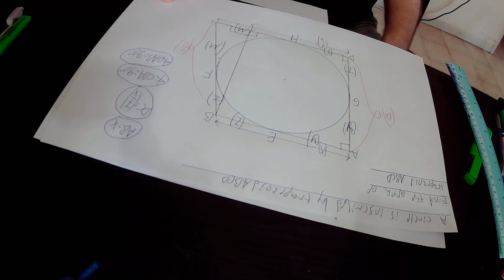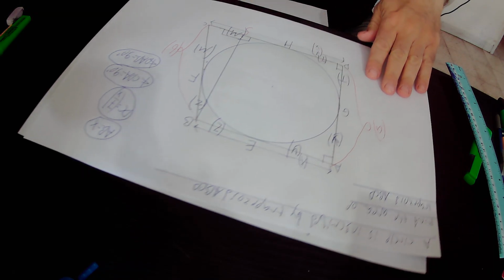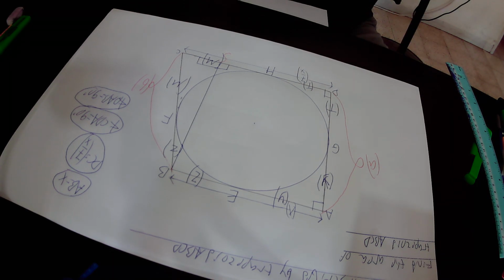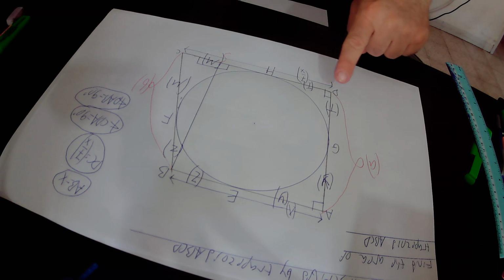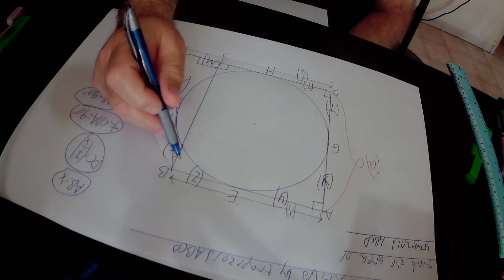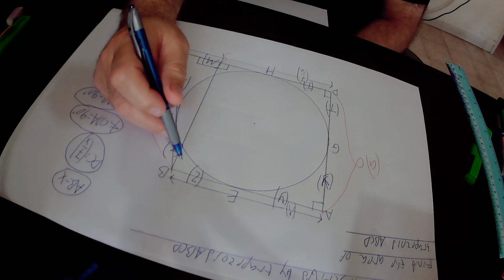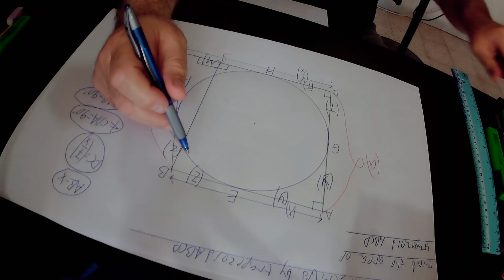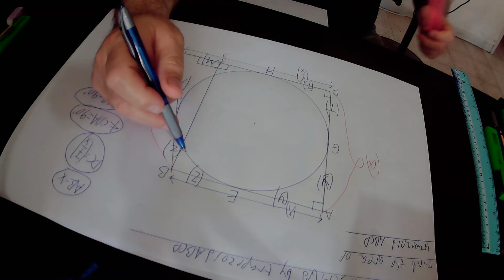When doing this construction, we created quadrilateral ABSD. Inside this quadrilateral ABSD, we have 1, 2, 3 right angles. The sum of 3 right angles is 270 degrees, so 270 degrees plus the size of this fourth missing angle must be equal to 360 degrees, according to the rule that the sum of the angles in any quadrilateral is 360 degrees.